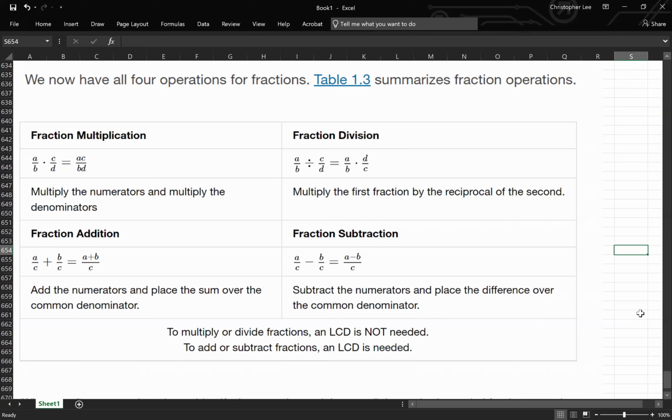Fraction addition, if you have the same denominator, A over C plus B over C is equal to A plus B over C. Add the numerators and place the sum over the common denominator. So your answer is going to be placed over the same denominator. Fraction subtraction, A over C minus B over C is equal to A minus B over C. Subtract the numerators and place the difference over the common denominator. So to multiply or divide fractions, an LCD is not needed. To add or subtract fractions, an LCD is needed.